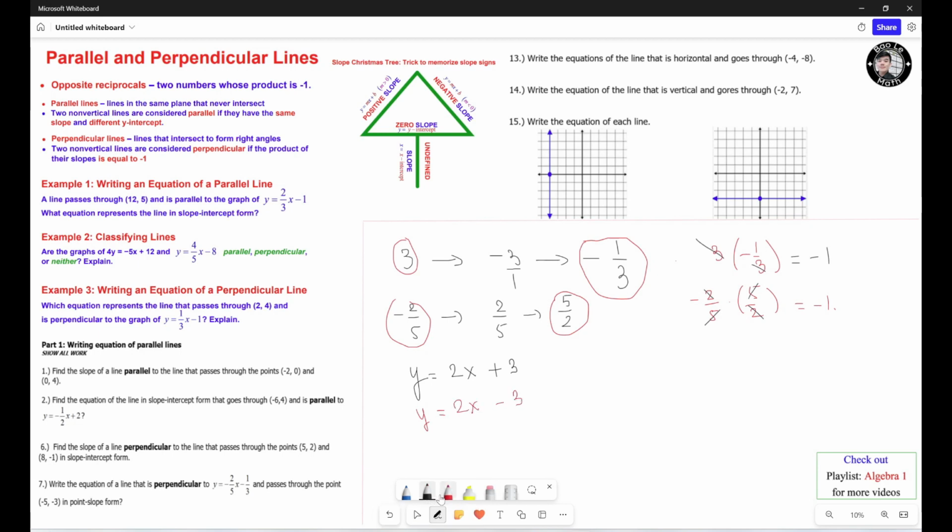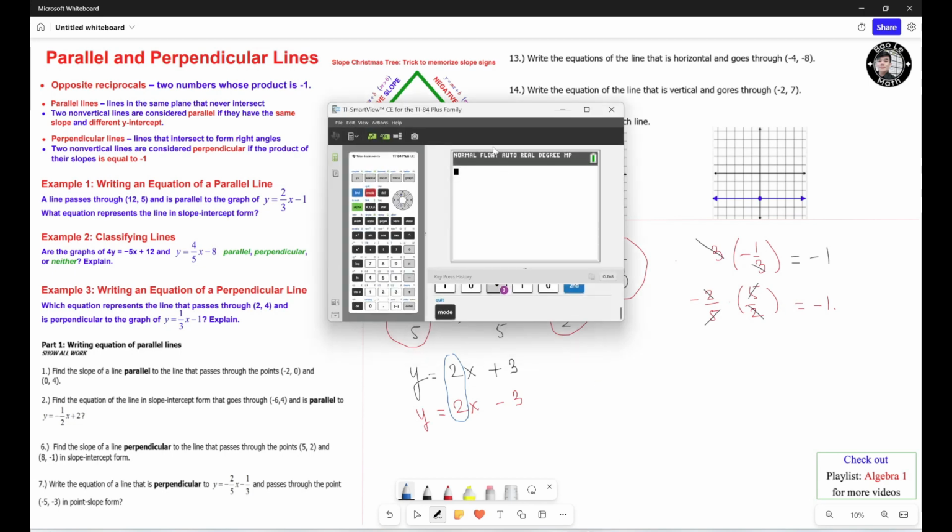Now you look at this slope right here. Because the two lines have the same slope, this line and this line must be parallel. Since they have different y-intercepts, this is 3, this is negative 3. Alright, so they are parallel.